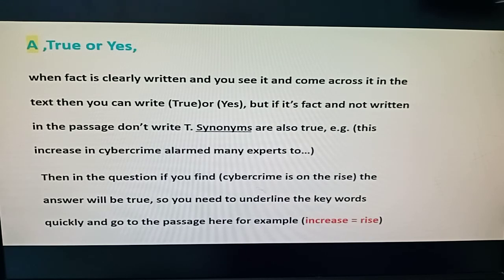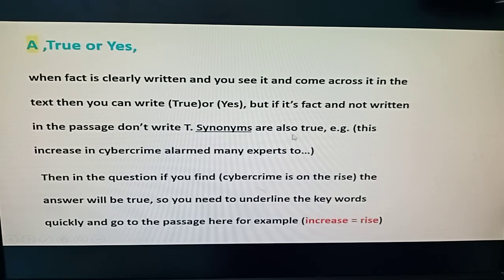So now they are opposite, is it right? So here in the question the fact is true, but unfortunately the answer is not true. You cannot write true because the question and the answer you find in the passage are opposites.